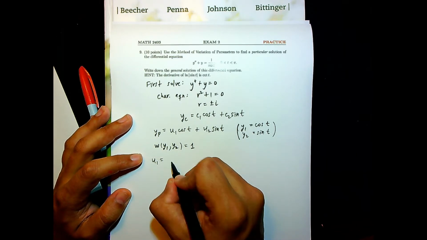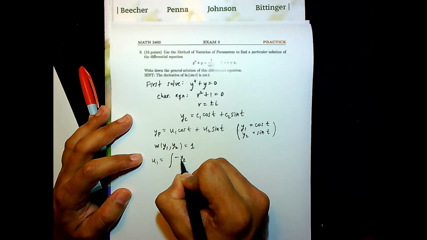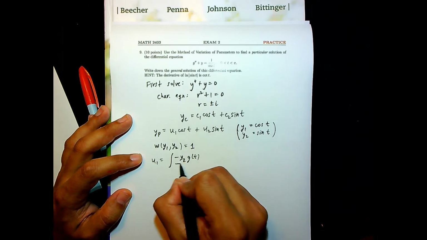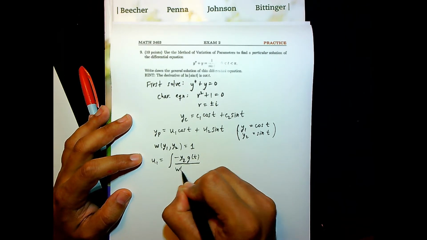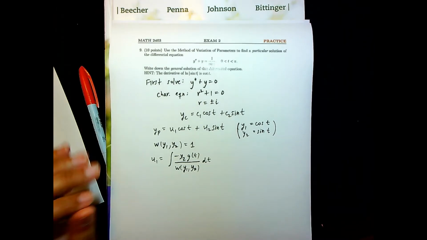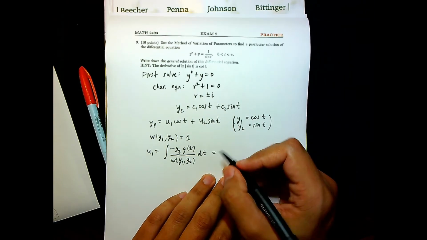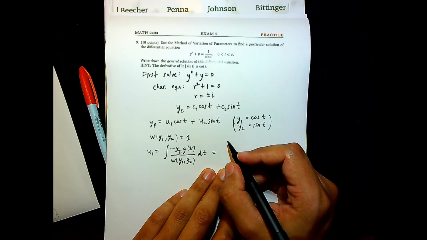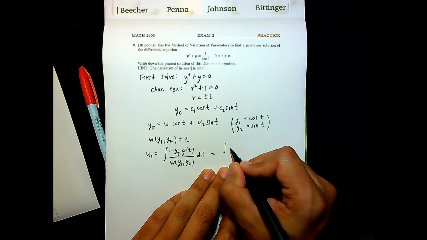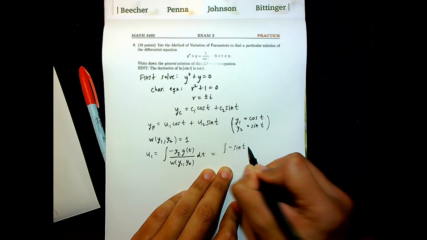And then the formula tells me that u1 is going to be the integral of minus y2 g of t over the Wronskian of y1, y2 dt. Right? These formulas, you just look them up. You're going to have them on the test anyway. So this is going to be the integral of negative y2, which we said is sine of t, so negative sine of t.